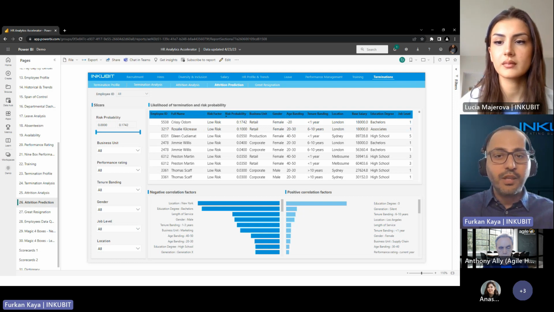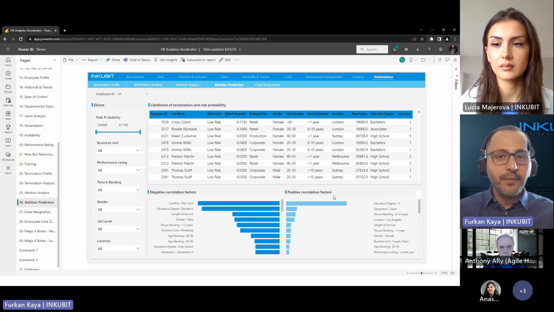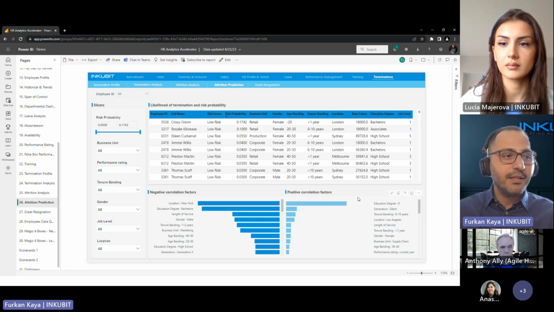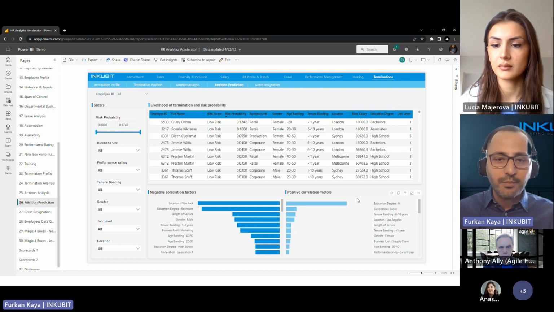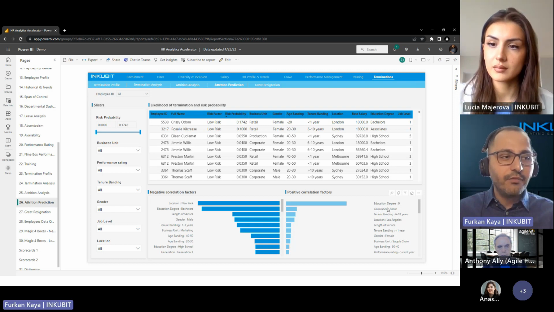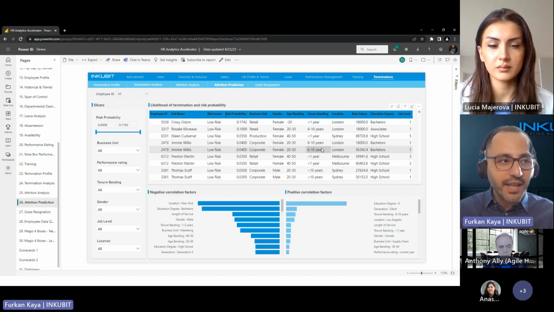I would like to give you an example from one of our implementations. Just thanks to this implementation, one of our clients realized that they had 20 employees in one of their divisions with the highest level of correlation in their data, depending on their previous data.